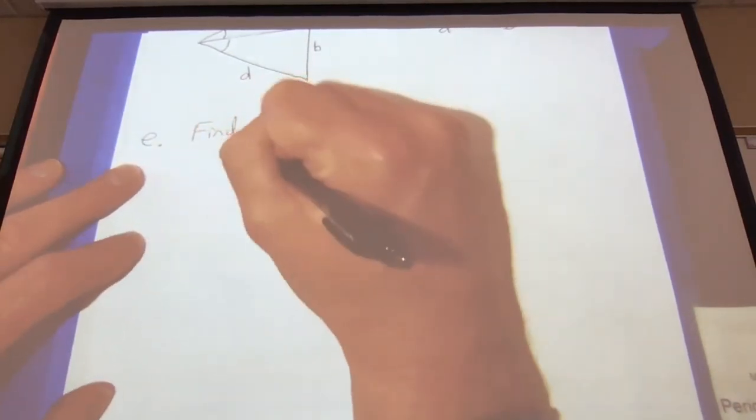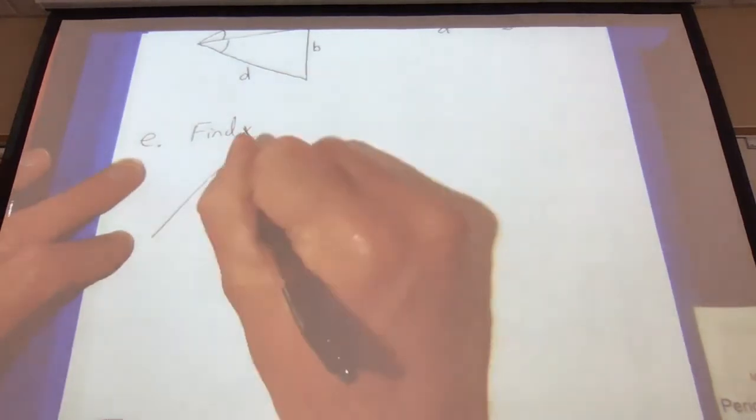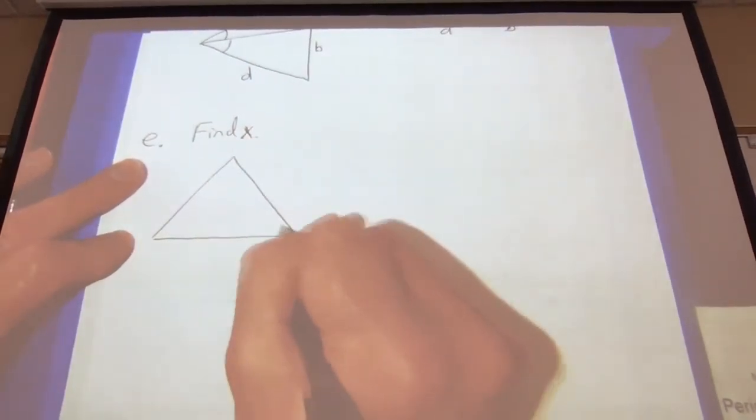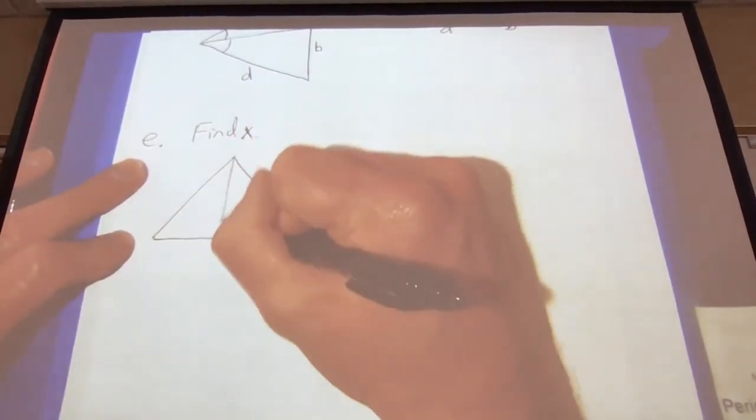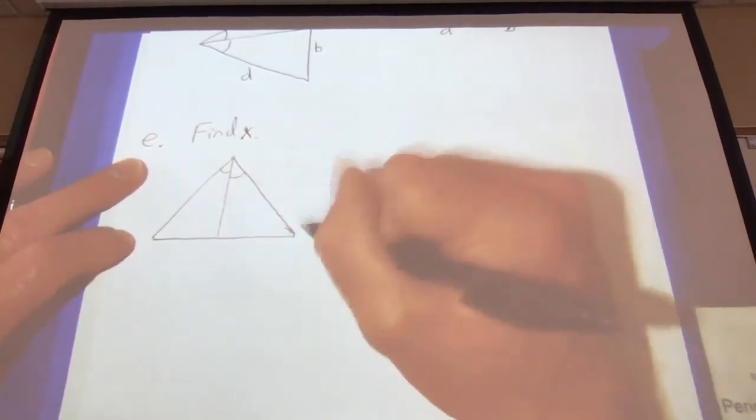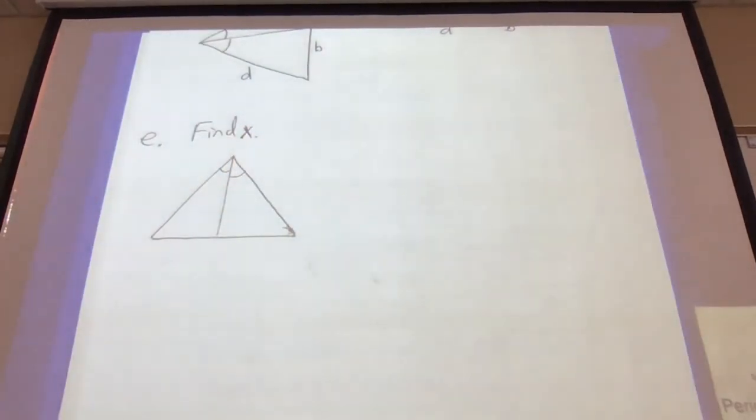The directions are going to tell you to find x. They're going to put an angle bisector in there.